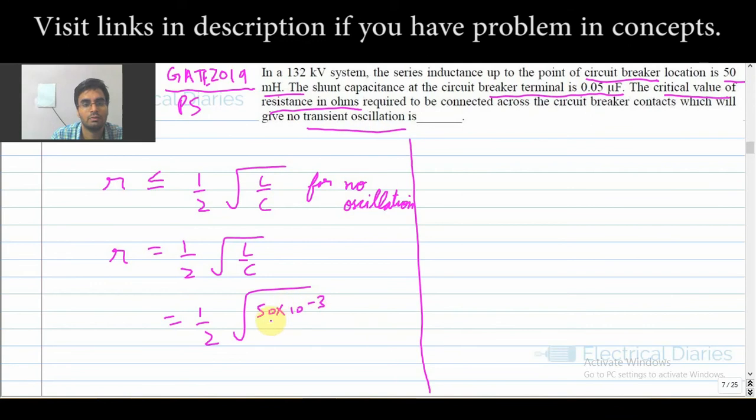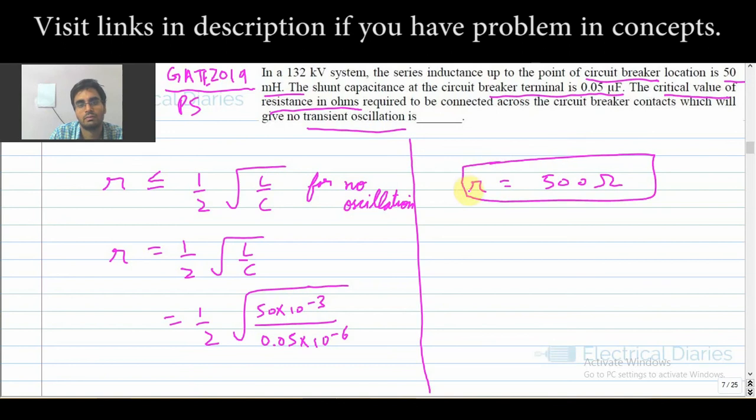If you are confused among the units, please use the SI system by default. C is 0.05 into 10 to the power minus 6. So in this question R will come out to be 500 ohms. So 500 ohms is the answer. With this, the power system GATE 2019 is over.